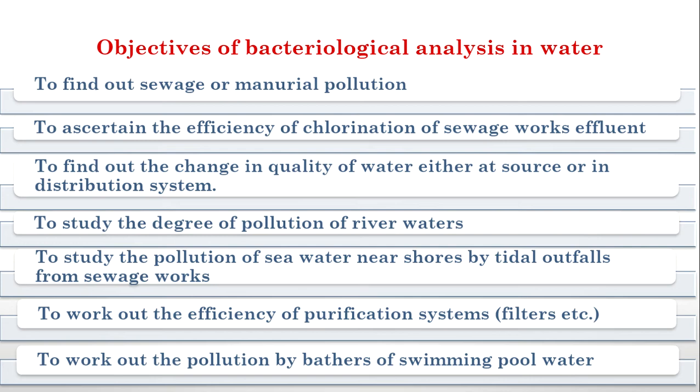Also to find out the change in quality of water, to study the degree of pollution in river waters, to study the pollution of sea water, and to work out the efficiency of purification systems. After filtration, we can analyze the bacteriological pollution of water, which gives the efficiency of filters. And to work out the pollution by bathers in swimming pool water. So all these are the objectives of bacteriological analysis of water.